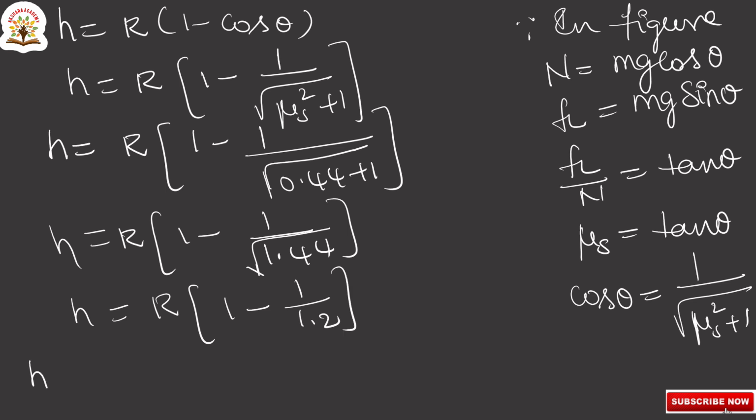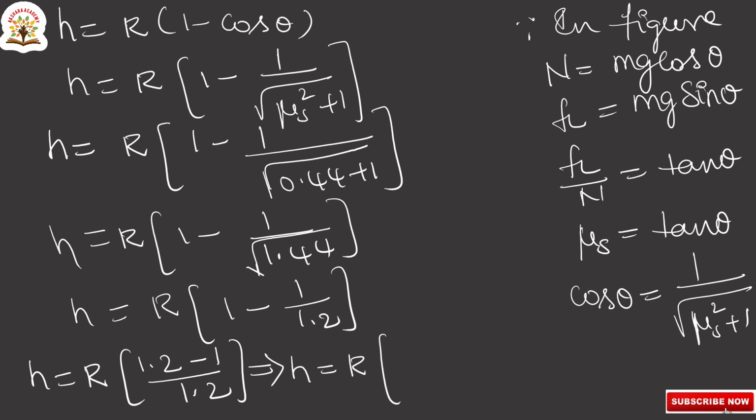So h is equal to r into 1 by 1.2, taking LCM, 1.2 minus 1 by 1.2. So h is equal to r of 1.2 minus 1 by 1.2. So this is 0.2.